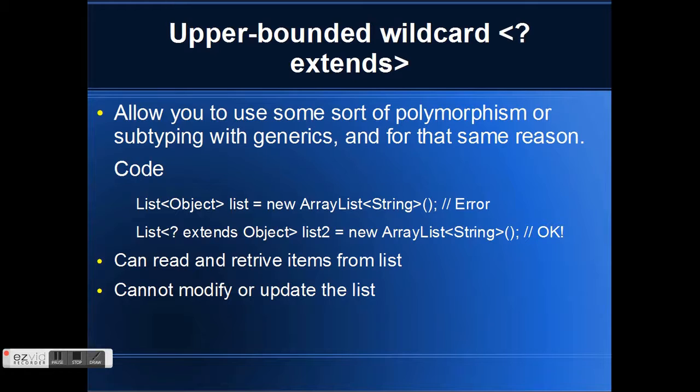And you can read the items or retrieve items from the list. In this example, you can read or retrieve items, but you cannot modify them. So the upper bound, it's going up. Why this one works and you can read is because you're going from subclass to superclass, subclass to superclass.